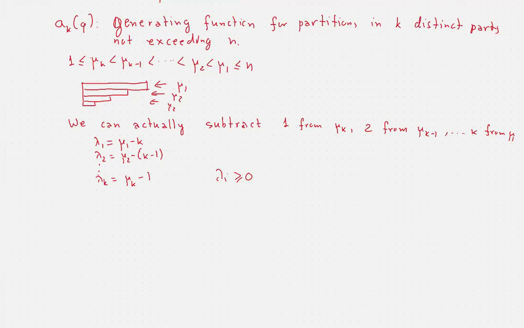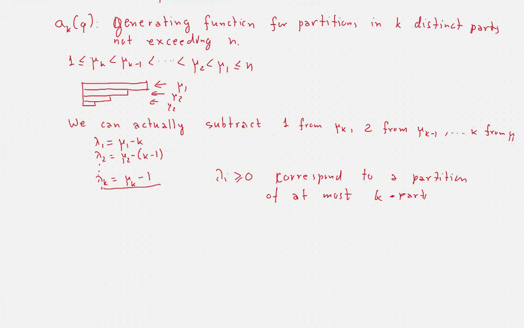So these numbers correspond to a partition of at most k parts. And I'm saying at most k parts because some of these numbers may be equal to 0. So let's say if mu_k was 1, then this number is equal to 0, which means that it's skipped because in a partition, we never consider the 0 number as being one of the possible summands.